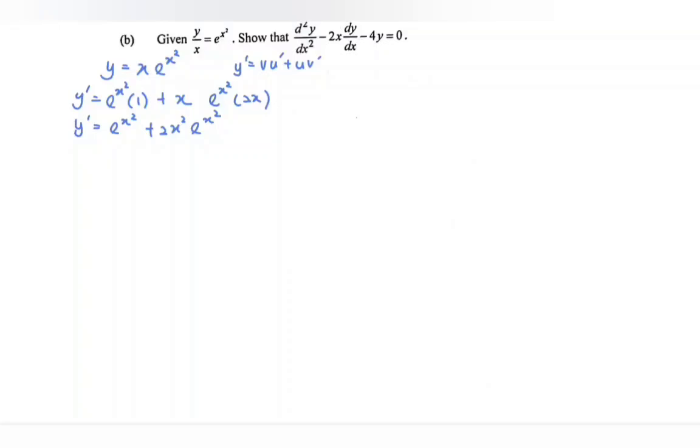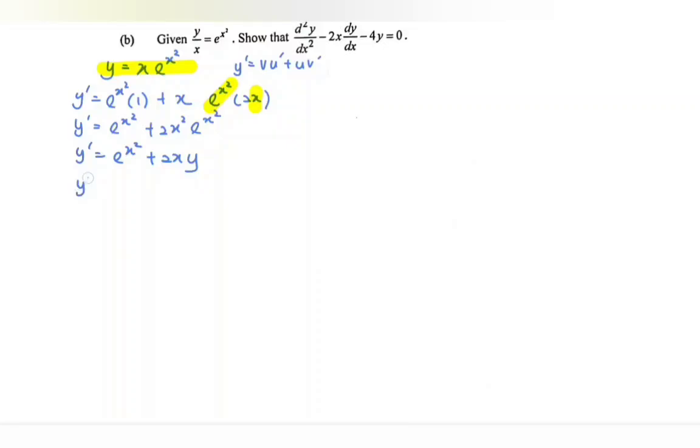Next, notice that y equals x e to the power x squared. So we can refer to this part and also this part, and simplify the situation. So y prime equals e to the power x squared plus 2x times y. Next, move on with the second derivative.